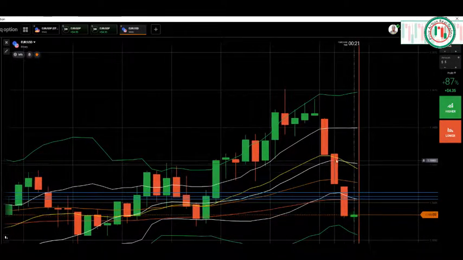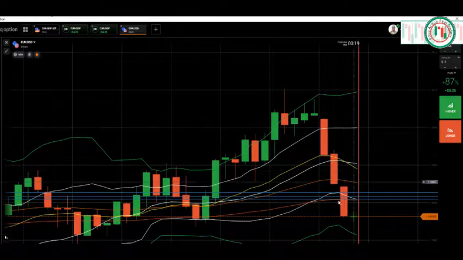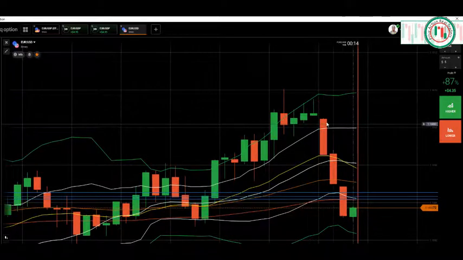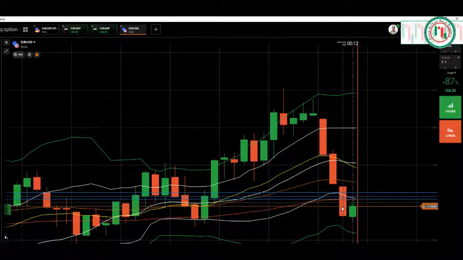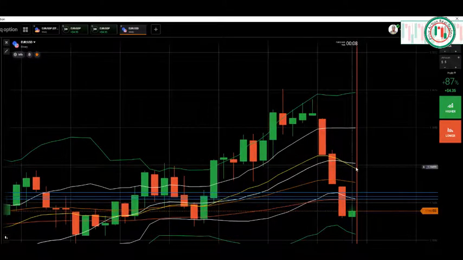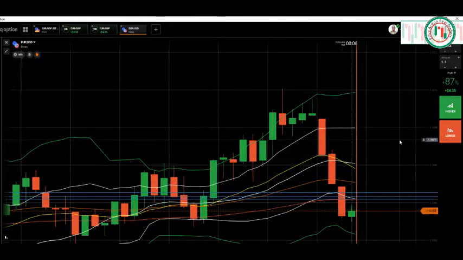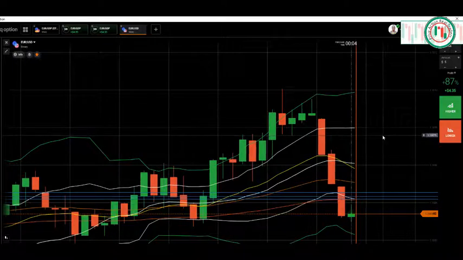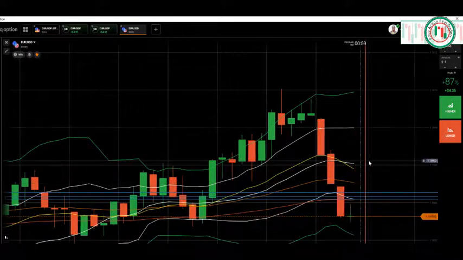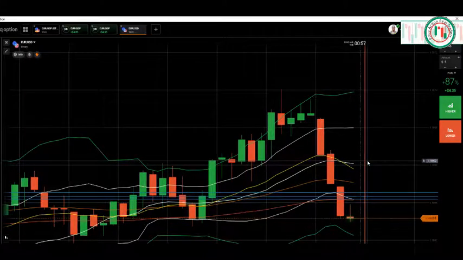This is three black crows, so we'll wait. Otherwise we'll follow the main trend if this candle is a hammer, but it's not a hammer, so it may retrace back. So let's wait, because of the 1, 2, 3 candles, sometimes the market will retrace.